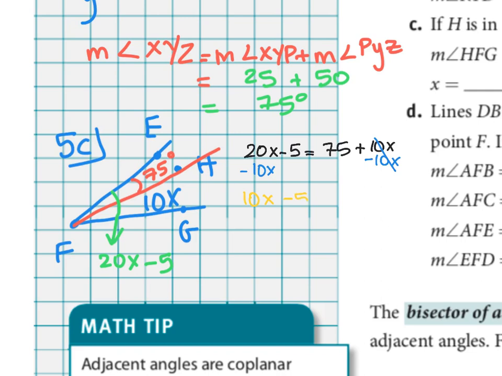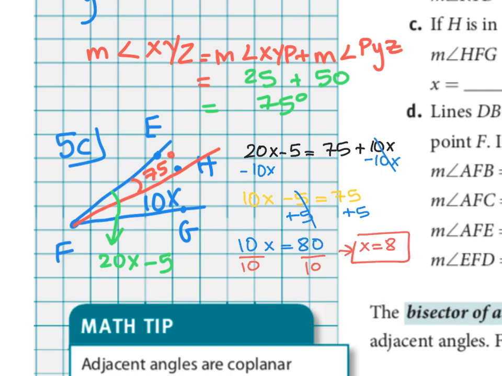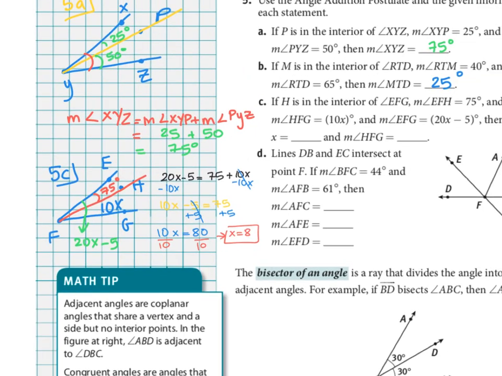So 10x minus 5 is equal to 75. Now I need to move the 5 by adding it, so I do the opposite. So 75 plus 5 is 80, so 10x equals 80. To find x, I divide both sides by 10, so x is equal to 8. So x is equal to 8.